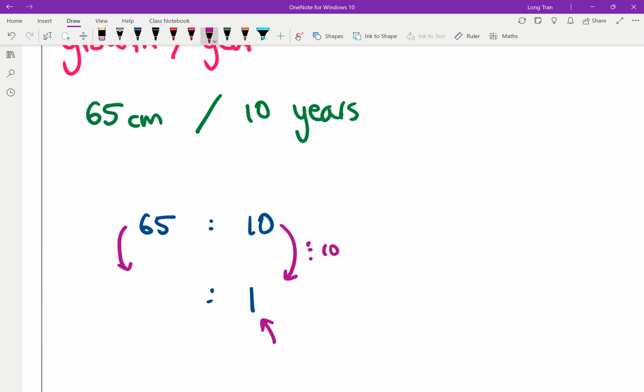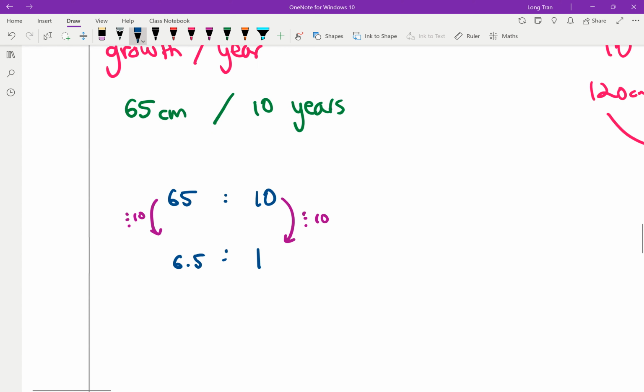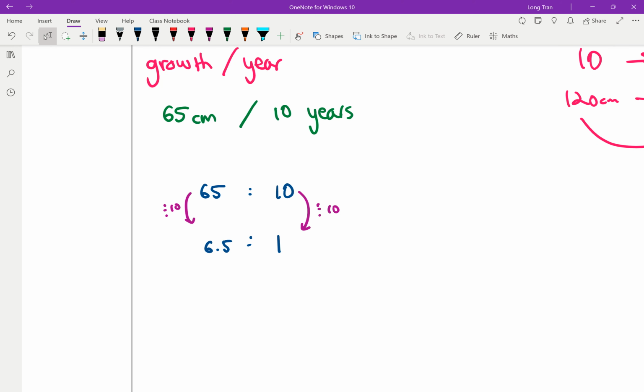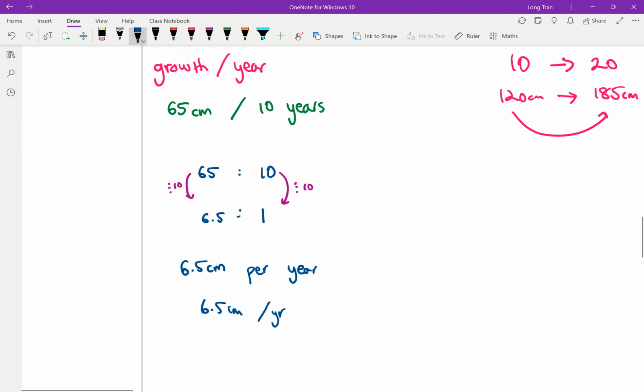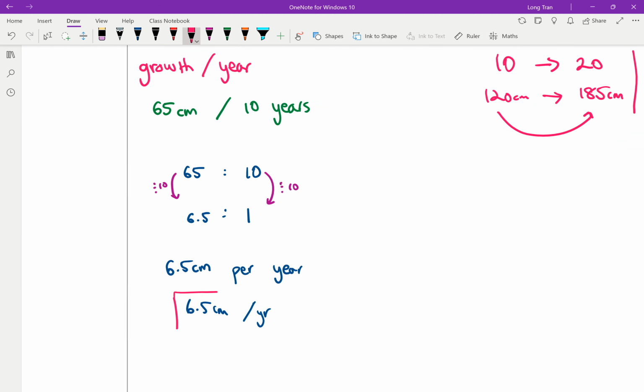So I can see that 10 divided by 10 gives me the 1, and then 65 divided by 10, use your calculator, or you don't have to, and it's 6.5. So once you've worked out that ratio, what that implies is 6.5 centimeters per year, or 6.5 centimeter growth per year. That's my rate. That's the rate that I'm working with.